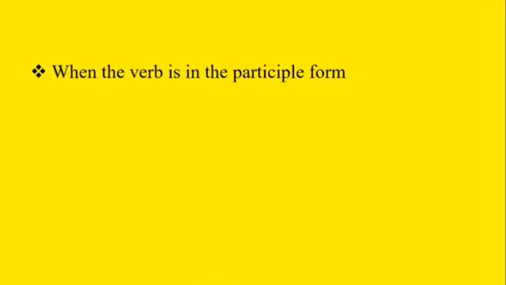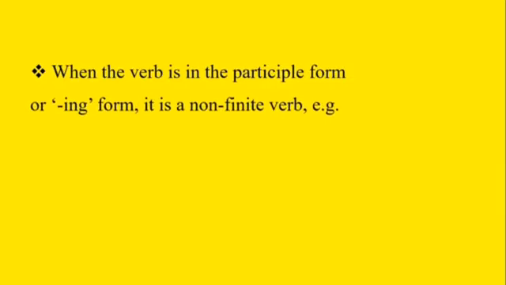Then, when the verb is in the participle form, that's the second way of identifying a non-finite verb. When the verb is in the participle form or in ing form, it is a non-finite verb. For example, Shade enjoys dancing. Dancing is a form of verb here showing the ing form or the participle form.